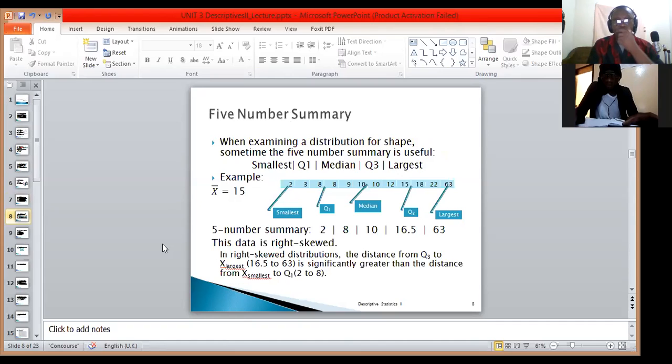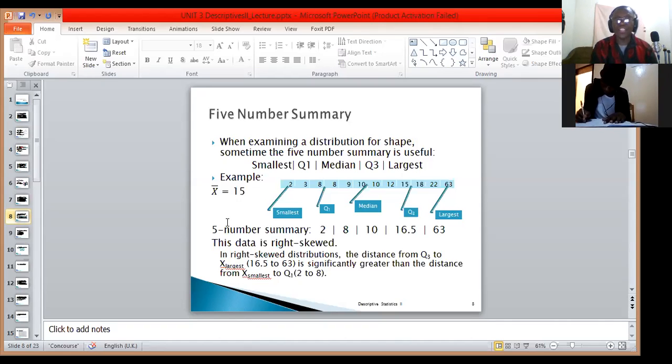So we want to look at what is called the 5-number summary. Here, they are saying when examining a distribution for shape, sometimes the 5-number summary is useful.